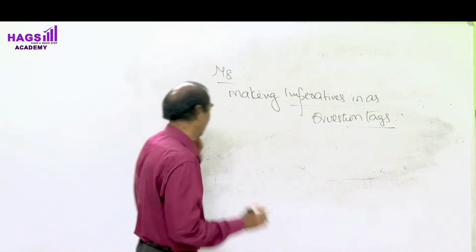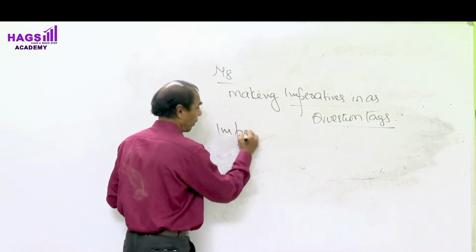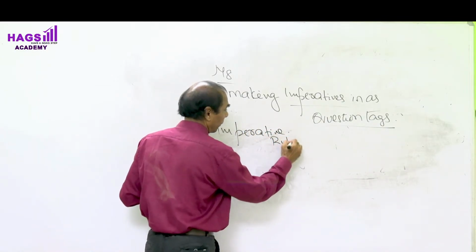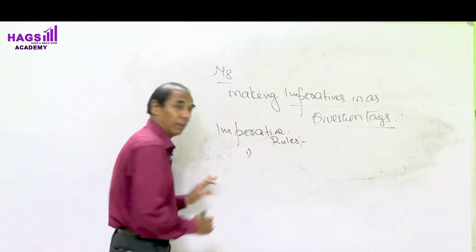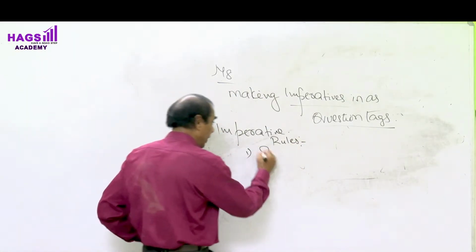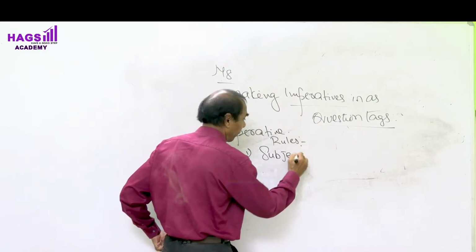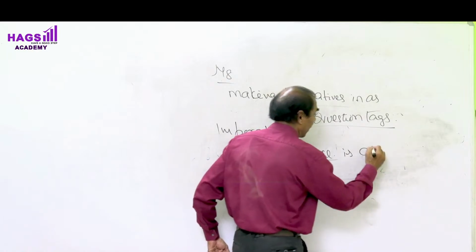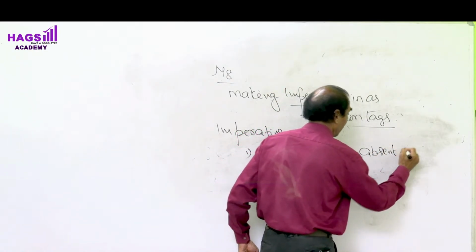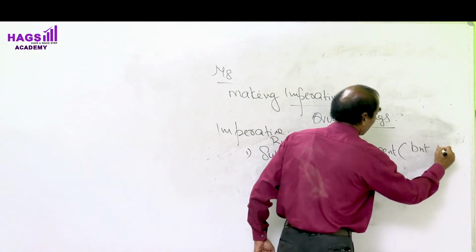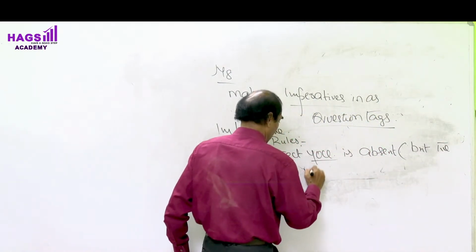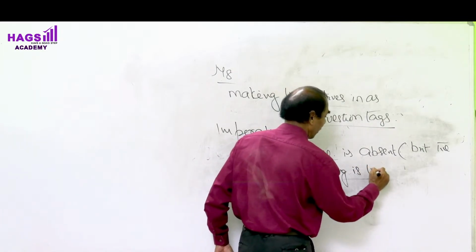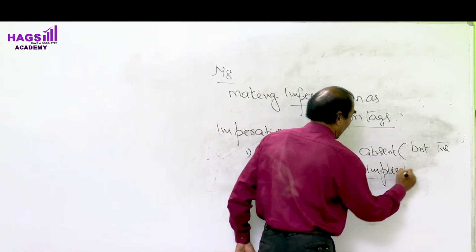Now look, imperative. What is imperative? Rules. 1. Look at the word. Subject, you, is absent, but the meaning is implied in it.